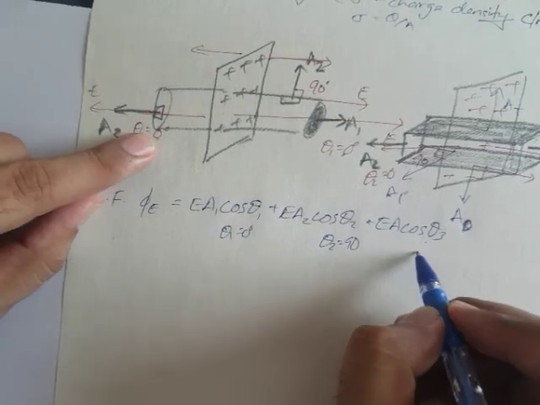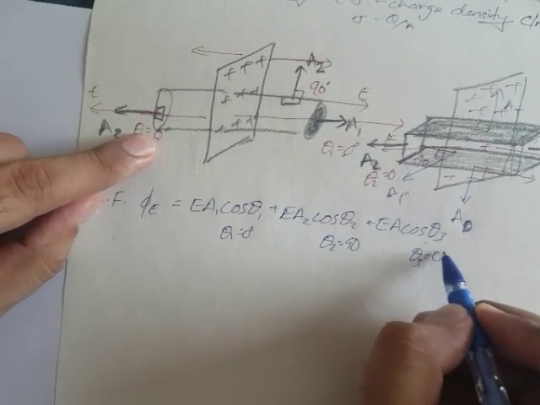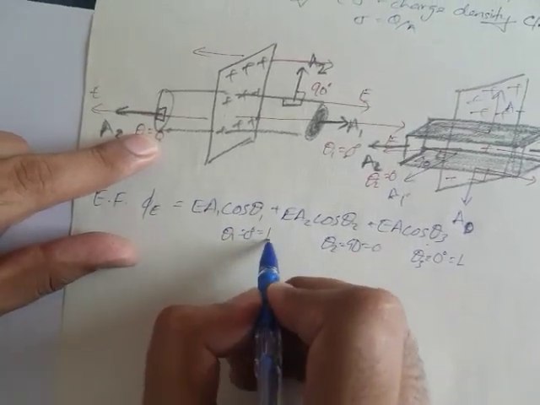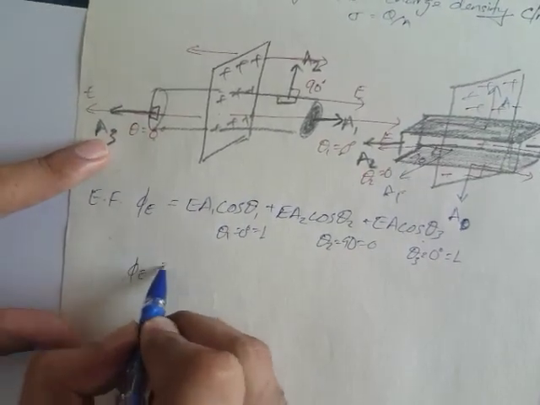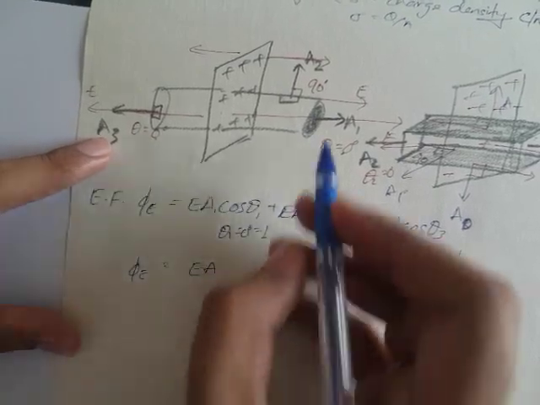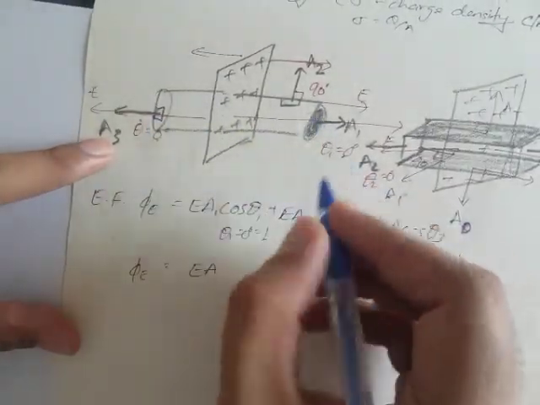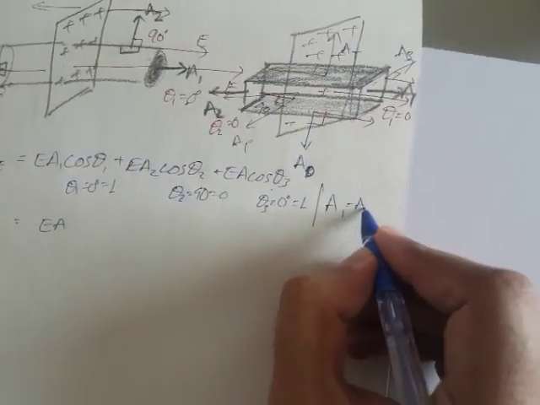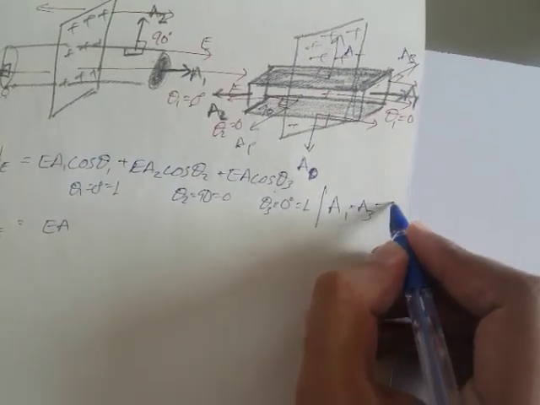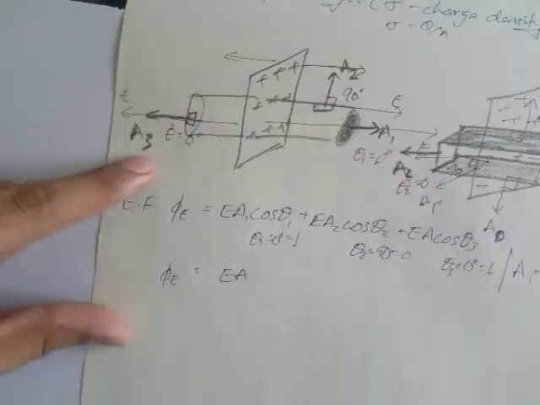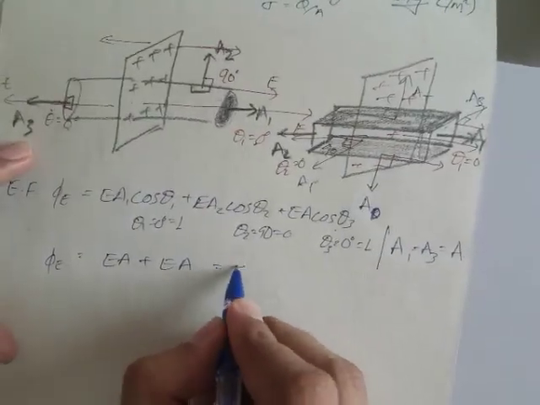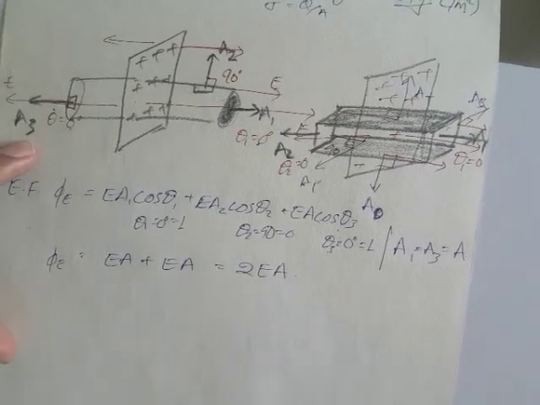Cos 0 is 1. We consider the area to be the same, A. So EA plus EA gives 2EA.